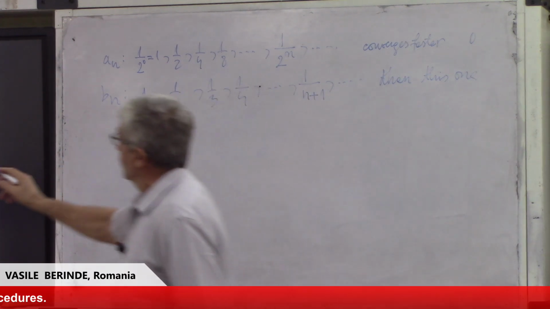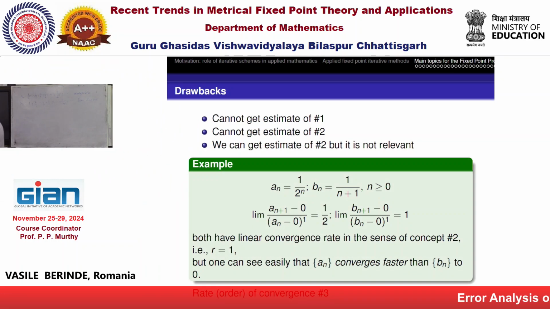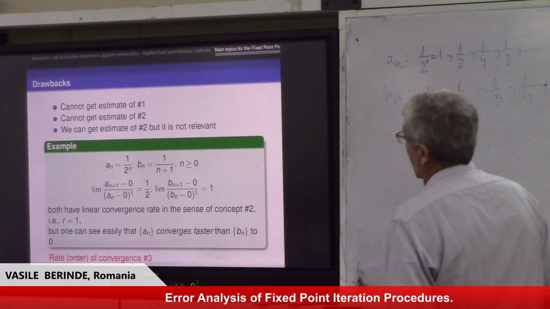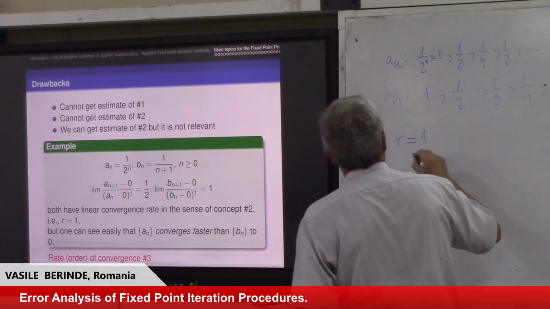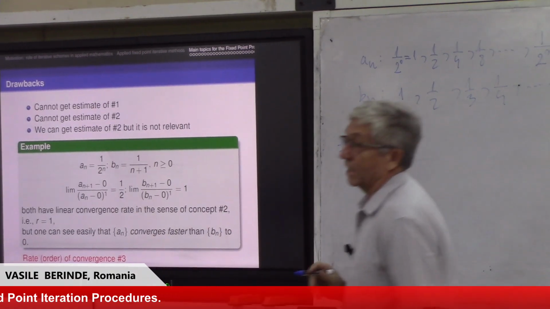Look, we now compute this estimate, the order of convergence, and the computations are here. For An, we have this computation. For Bn, we have this computation. And what does it mean? Both sequences have rate of convergence, in the sense of this concept 2, equal to 1.